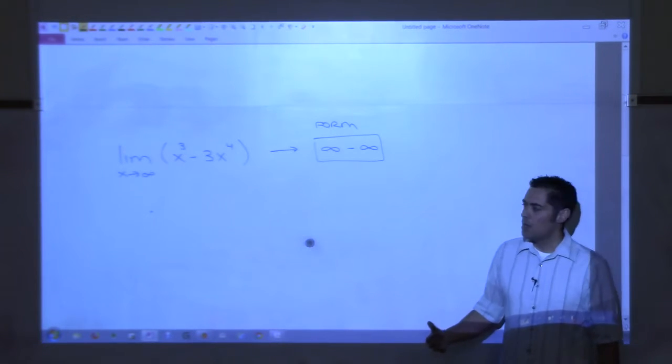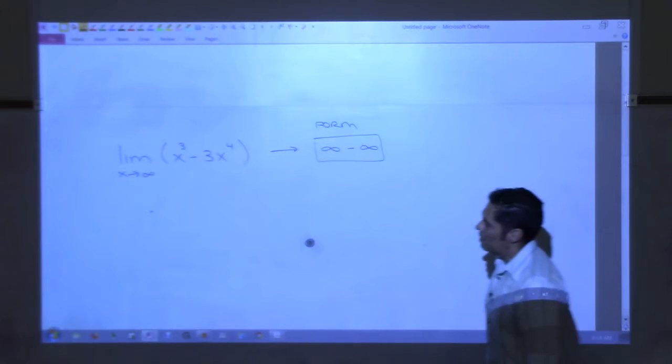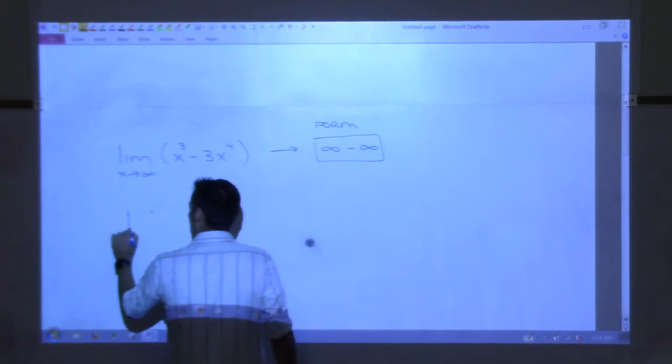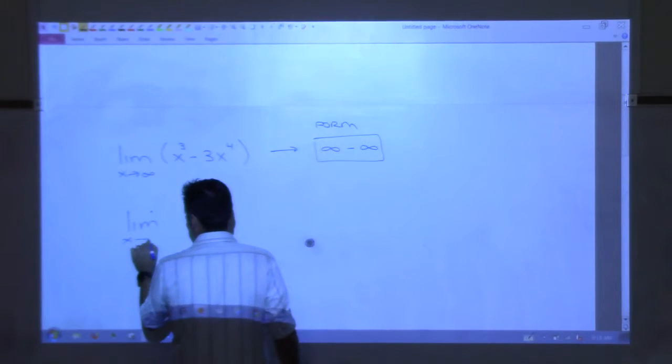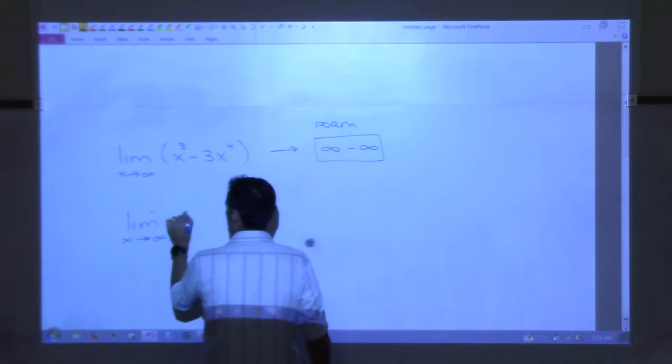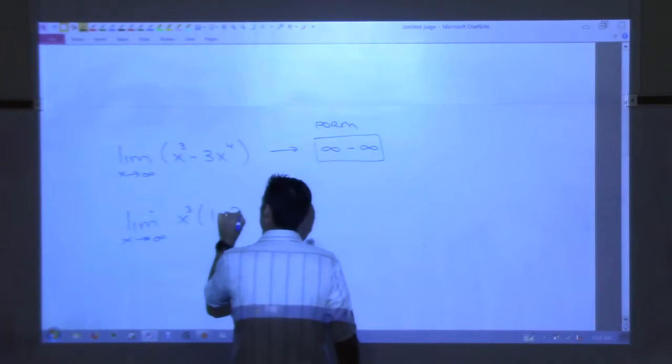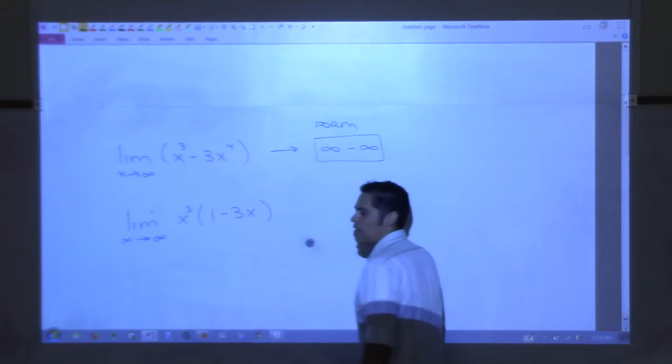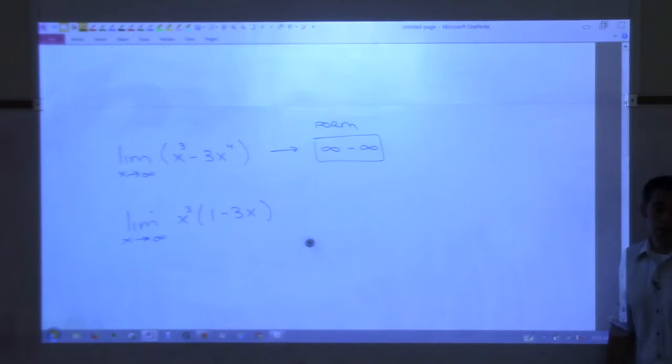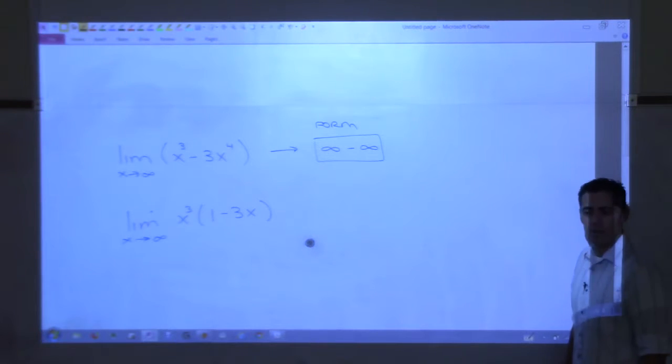All right? So for this, I'm going to do something, and I think you'll find this pretty natural once I do it. I'm just going to factor out the GCF, greatest common factor. They both have 3 factors of x, don't they? So I could factor out x cubed.